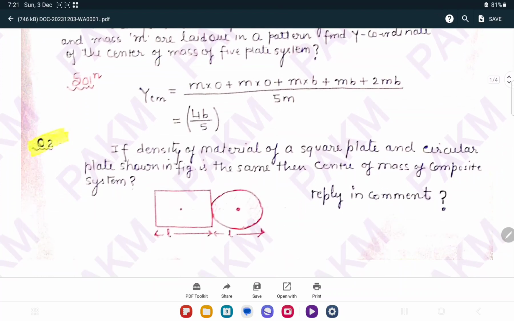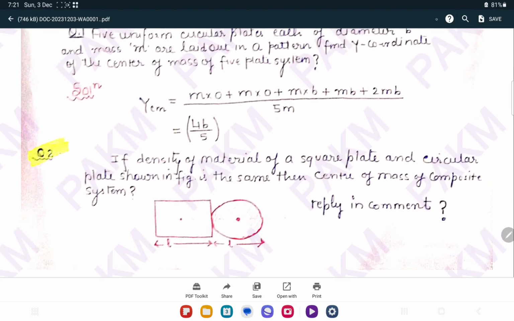Now the second problem: two bodies are given, and these two bodies are in contact with each other. The center of mass of the rectangular body and the center of mass of the spherical body will surely lie at their respective centers, and once combined, the resultant center of mass shifts towards more mass.